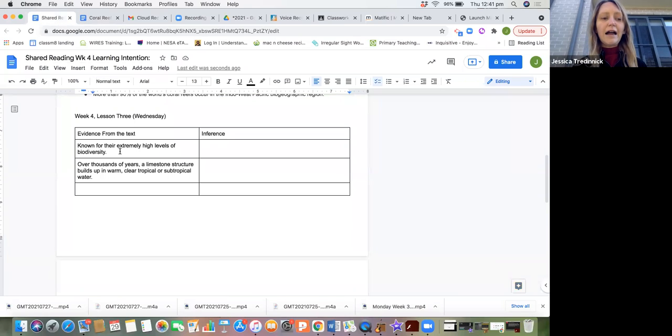So I know that if it's extremely high levels of diversity, if it's high, it means something's big or great, or a large amount.